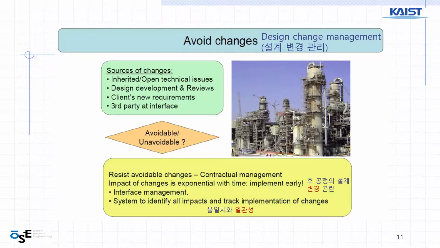The communication interface between here is important. Also, the client communication with the suppliers also, right? So how can you identify an impact and change implementation should be well managed through the design change management system.